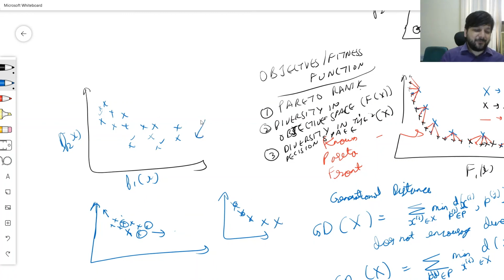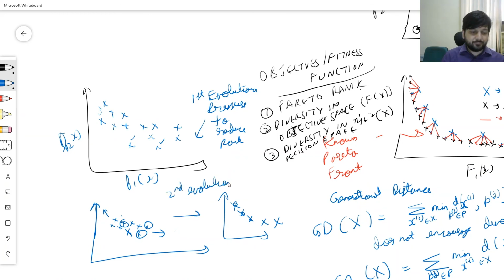So that's the first evolutionary pressure, to reduce rank. And that's the second evolutionary pressure, based on the secondary criterion, to increase diversity.